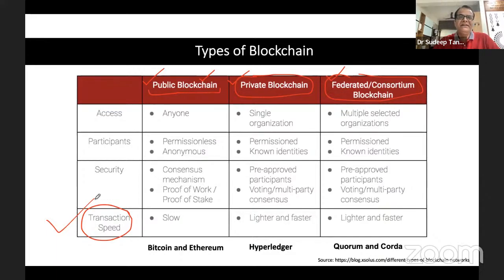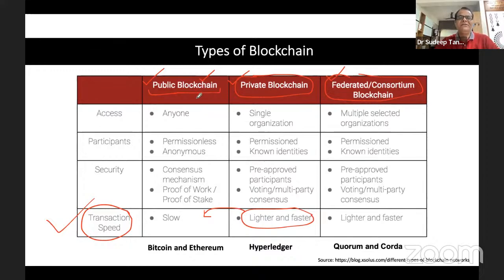The more transactions you can accommodate in less time, that is the more important parameter for me. So if this is the parameter for selecting the type of blockchain, then you can go with the private blockchain, because it's lighter and faster compared to the public blockchain, because the public blockchain is an open blockchain.